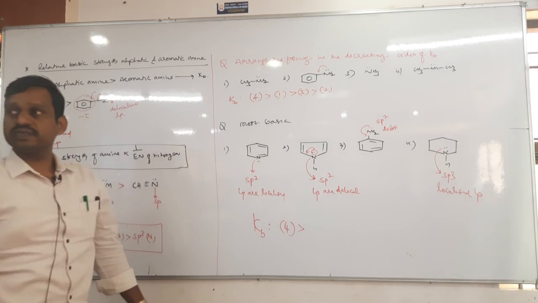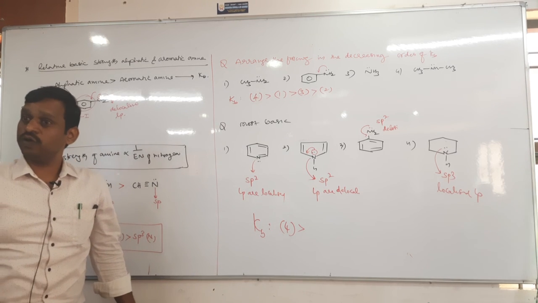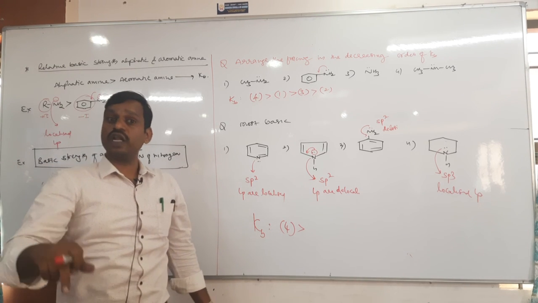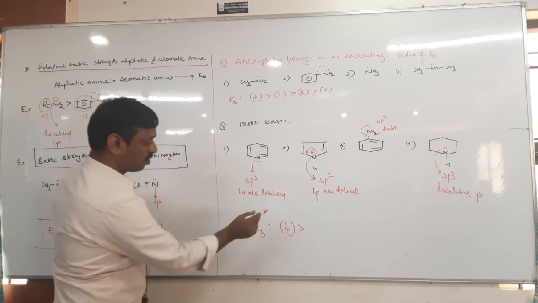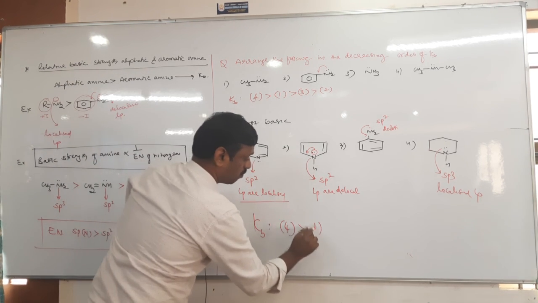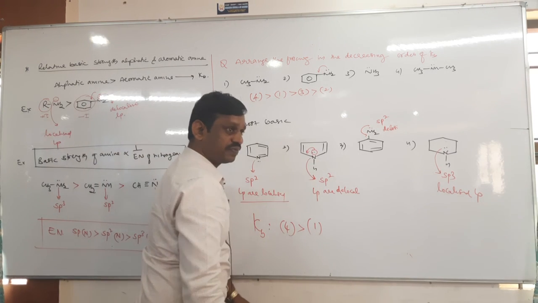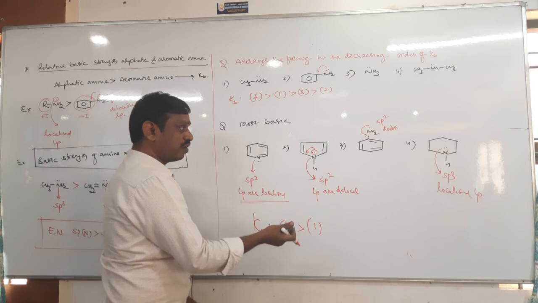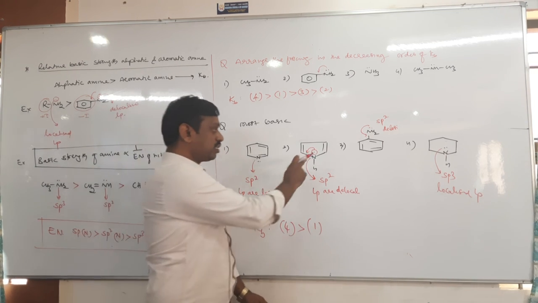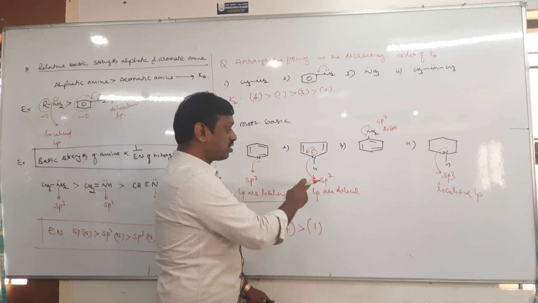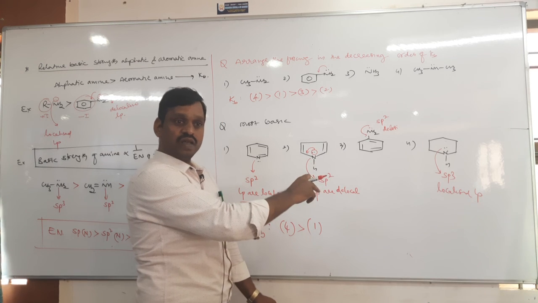Next. Now three are sp2 only. When three are sp2, you identify which has a delocalized and which has a localized lone pair. Where is the localized lone pair? The first one is more basic. Now both are delocalized, but you see the availability. Here the lone pair is involved in aromaticity, right?